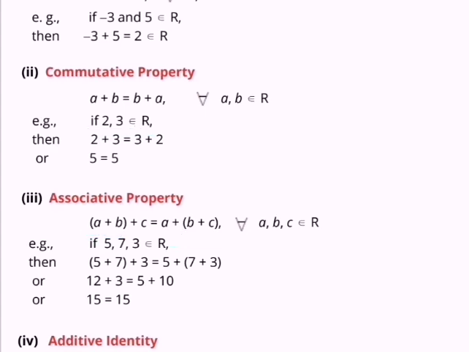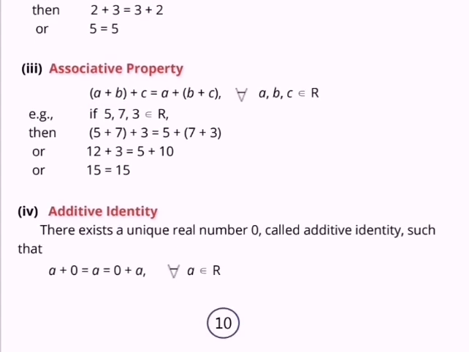Here 5 plus 7 gives us 12, plus 3 gives us 15 on the left hand side. On the right hand side, 7 plus 3 is 10, and 10 plus 5 gives us 15. So left hand side is equal to right hand side.